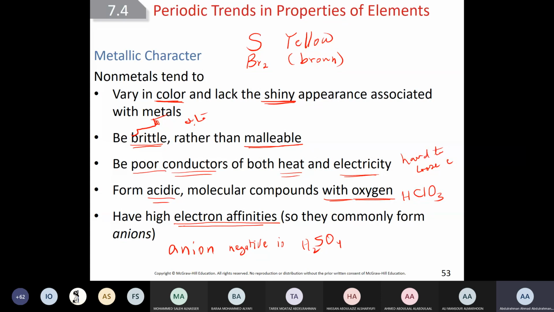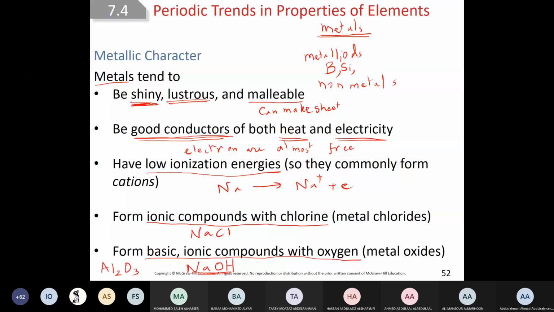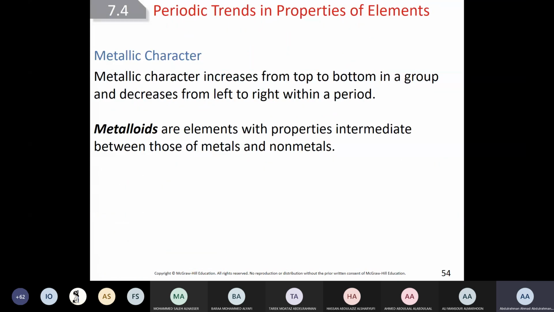While this is for non-metals, how about metals? What do they make? Cation. Which is what? Positive ion. Very good. Now, the elements in between are called what?